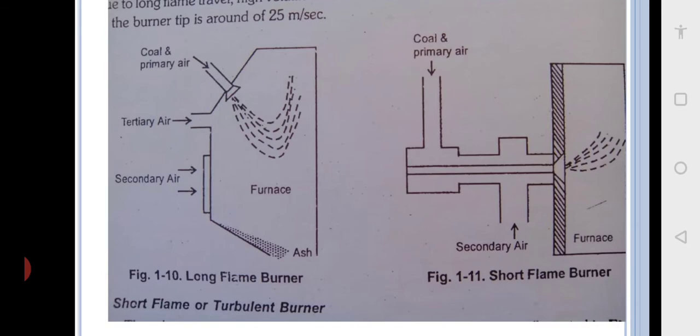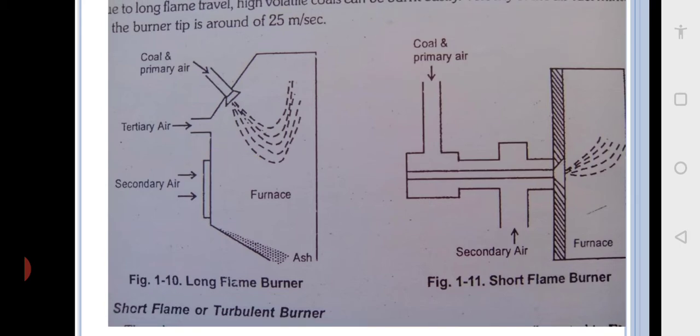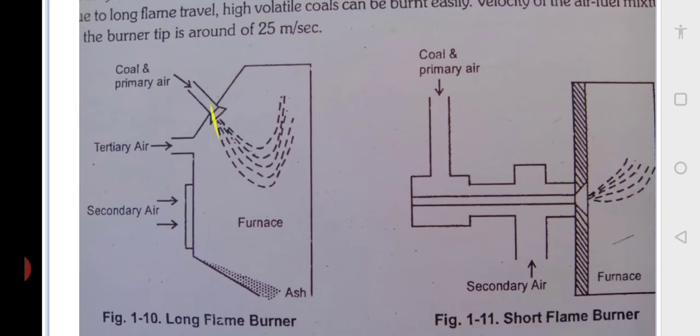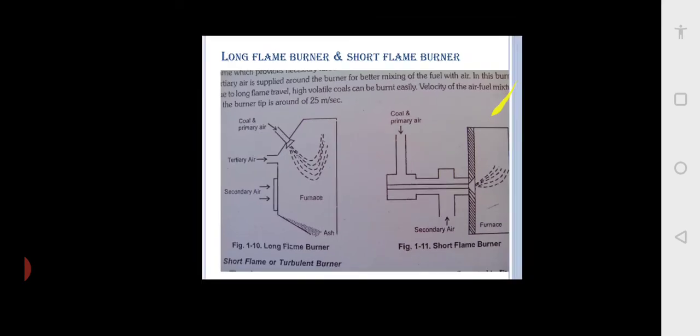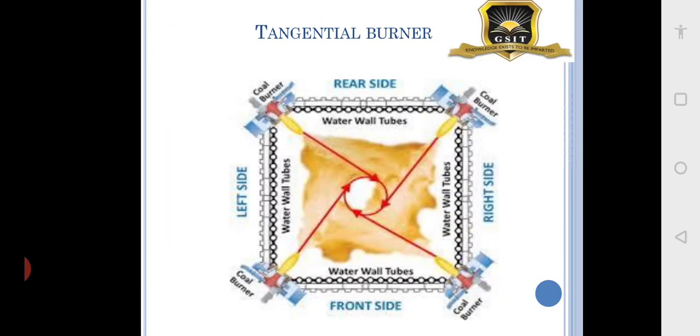So you can see on the left a long flame burner, the coal and the primary air are coming into the burner, it is burnt and the flame is very long. This is the furnace. You have got the secondary air as well as tertiary air also supplied. And in the short flame burner you can see coal and primary air coming, secondary air supplied, and the flame is short. So this is known as short flame burner.